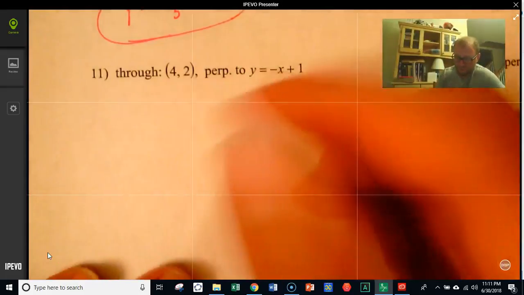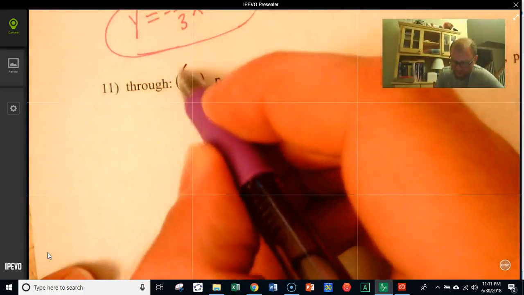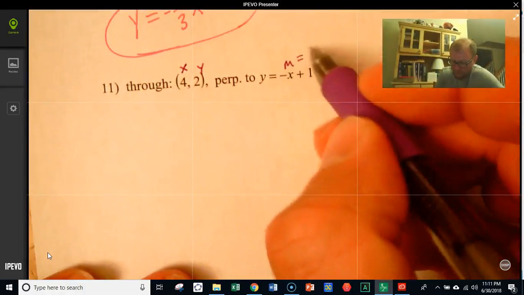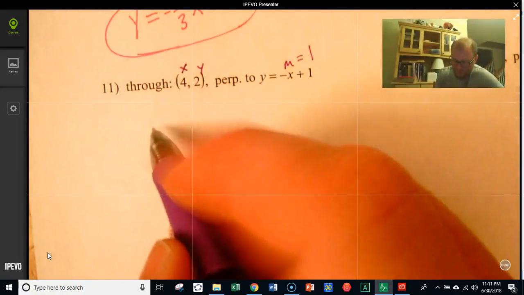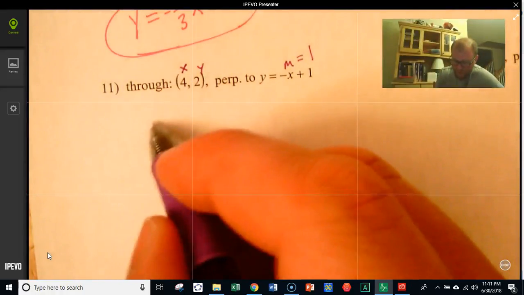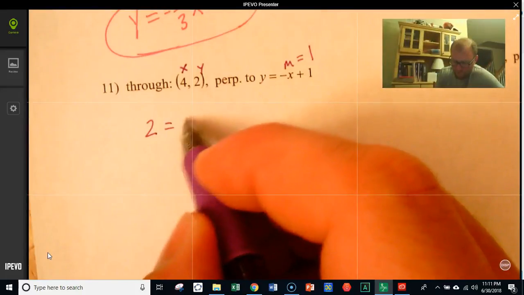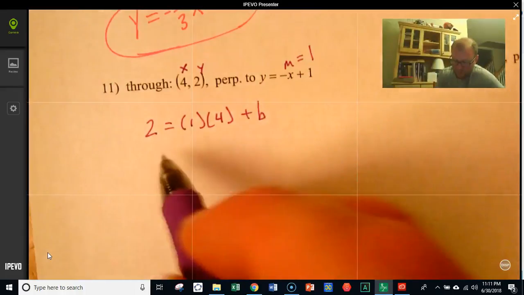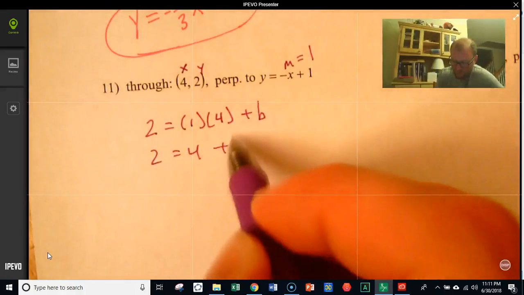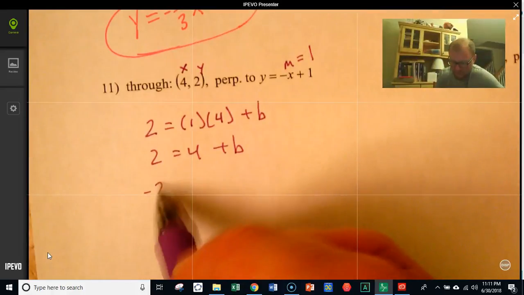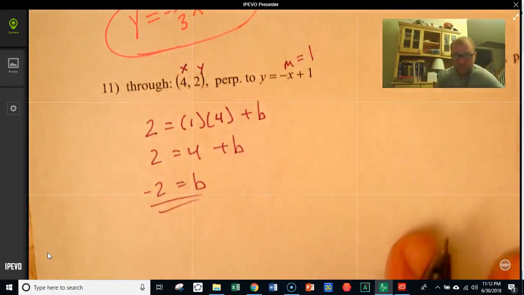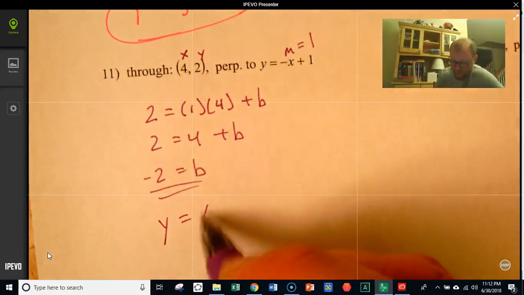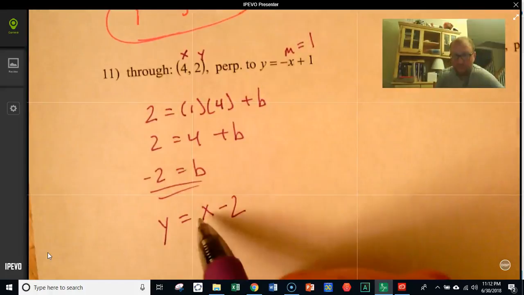Down here, we have our x, our y, and our m is going to be 1. We have 2 equals 1 times 4 plus b. 2 equals 4 plus b. Take 4 away from both sides. Negative 2 equals b. And so our equation is y equals x minus 2.